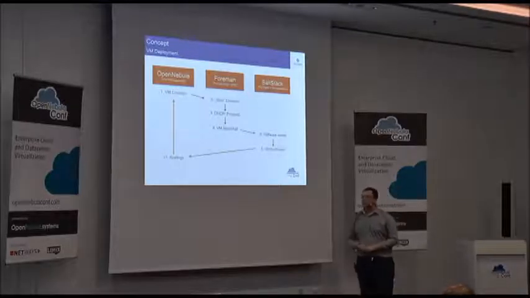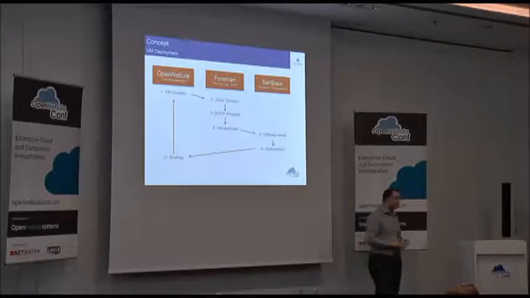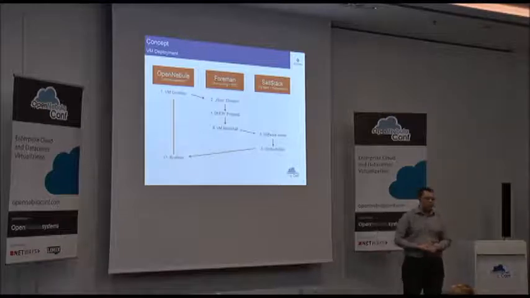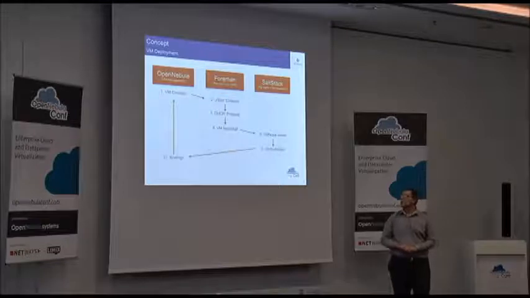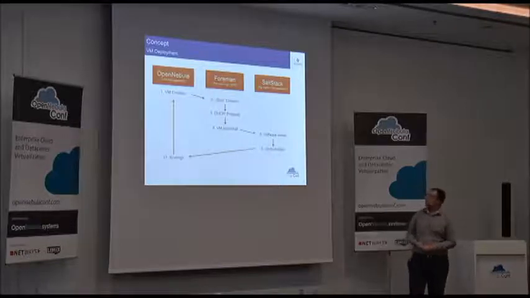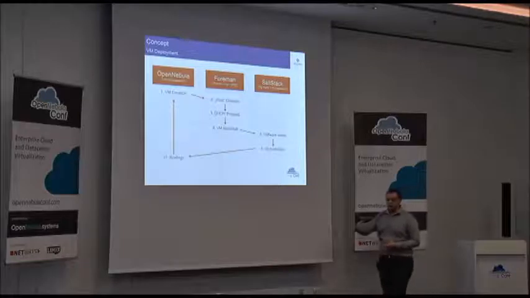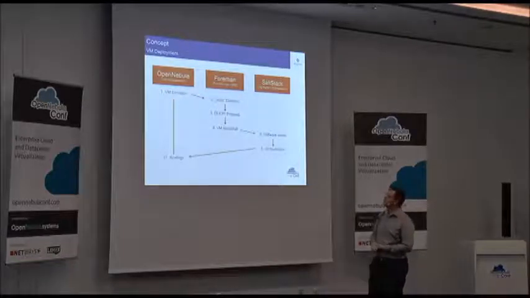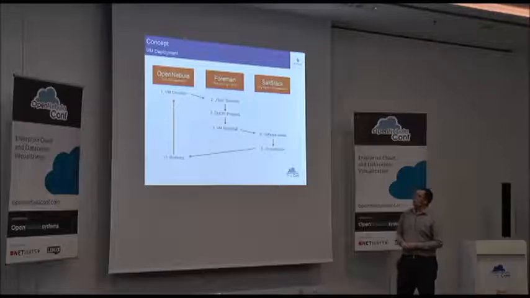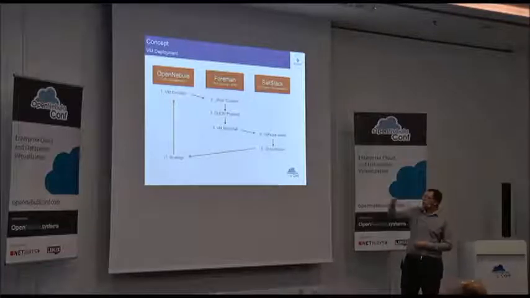Foreman is also used as the external node classifier for SaltStack, which is also used by Puppet. Puppet and Foreman also work very well. In the third column you have SaltStack, which is used for configuration management and orchestration. So what does the cycle look like? At the first point you have the VM creation.